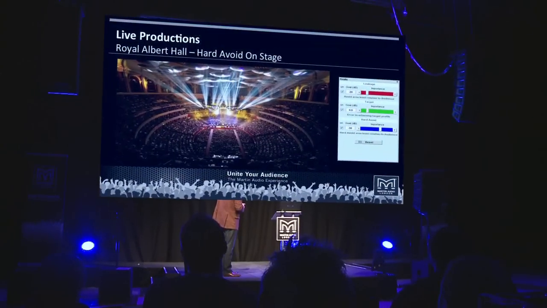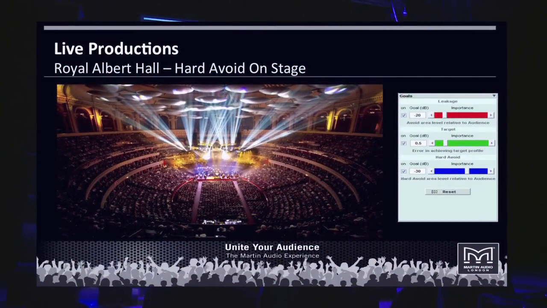Now, I mentioned hard avoid earlier. If you look at this section of the screen here, you'll see that we have some control elements of MLA. Leakage being the top one, target in terms of SPL coverage being the second one, but the bottom one, the blue one, is what I just want to mention. This is the thing I mentioned before, hard avoid.